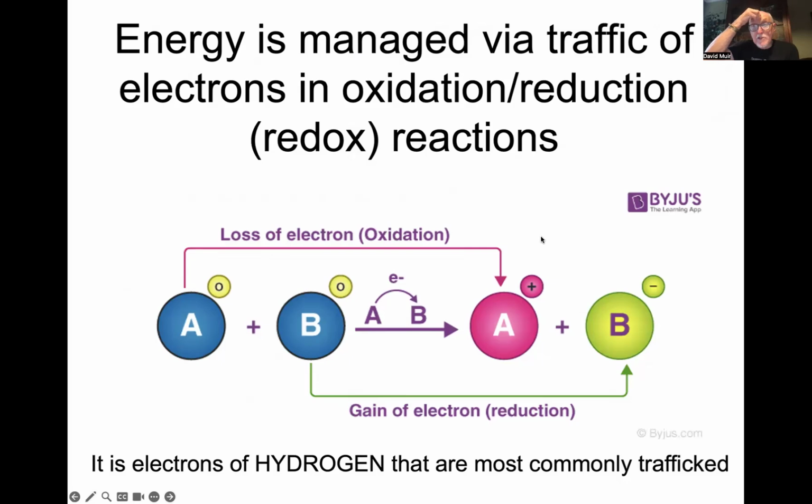Now, the way in which the energy actually is traded back and forth is very specific. The energy, as I said, doesn't just fly around. It doesn't go from a fuel like a little lightning bolt to ATP. In actual fact, the energy in the cell is traded in the form of electrons. And electrons are subatomic particles, obviously, that are in orbit around the nucleus of an atom.